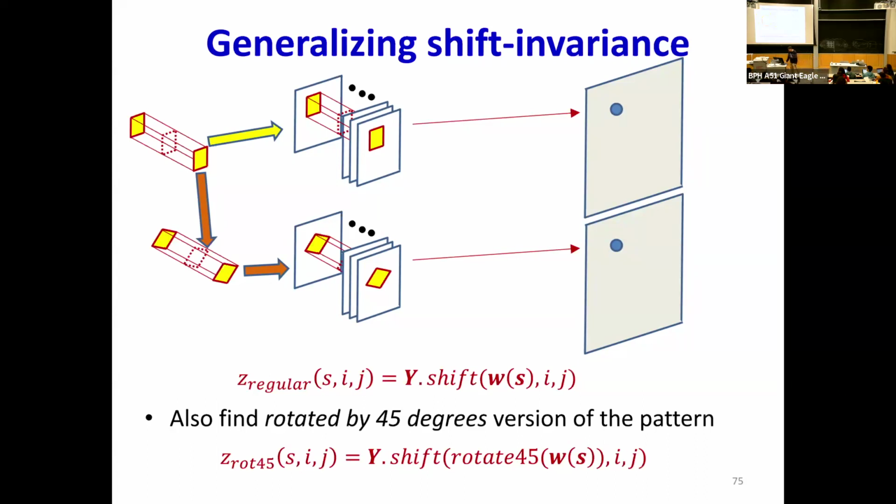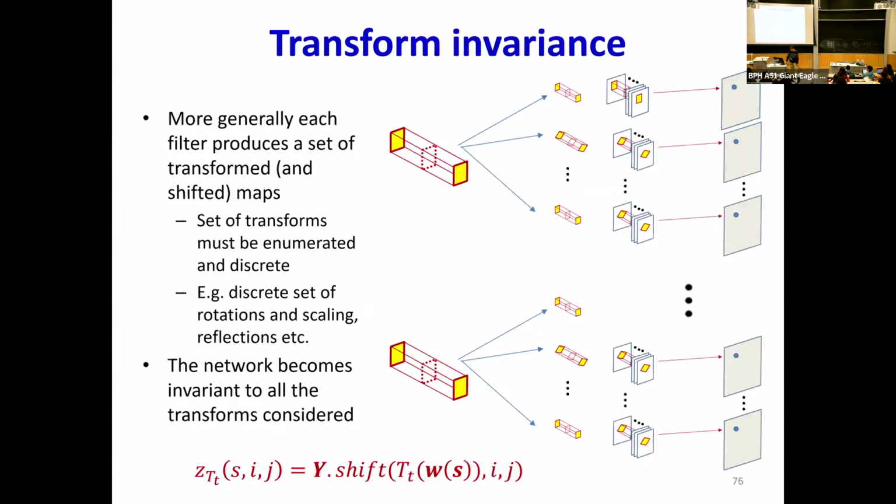And so here's what you would actually do. You want to enumerate all the transformations, which could be scaling, rotation, reflection, what have you, and make one copy of the filter for every transform that you want invariance to. And then you're going to be scanning with each of those filters. That means that you're going to be applying all the various transforms out here.